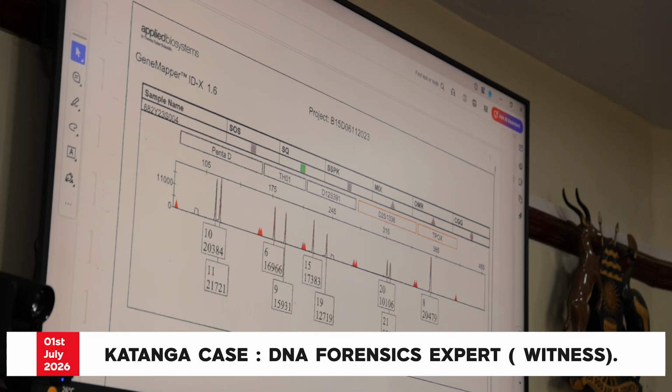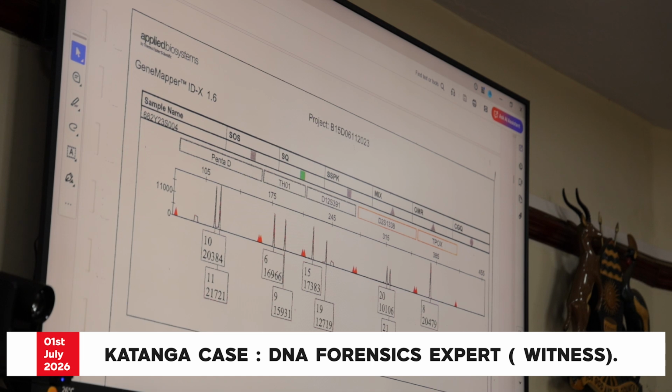In effect, it is just a sequence of numbers with each number representing a specific area on the DNA molecule. Okay, so basically, would I write the different locations? The different locations of the DNA profile are in a very specific order.